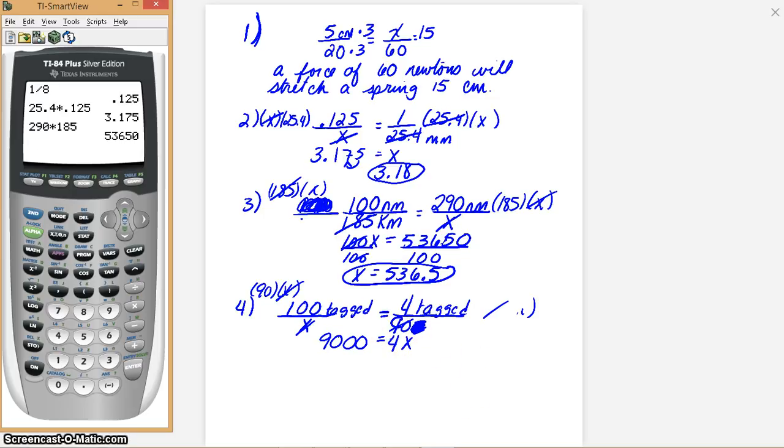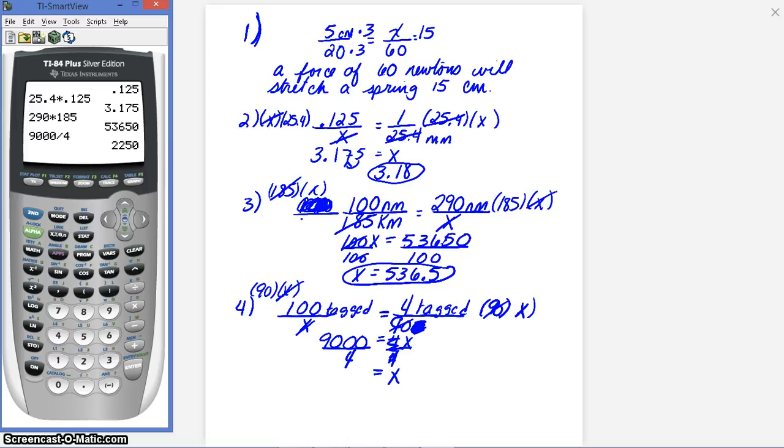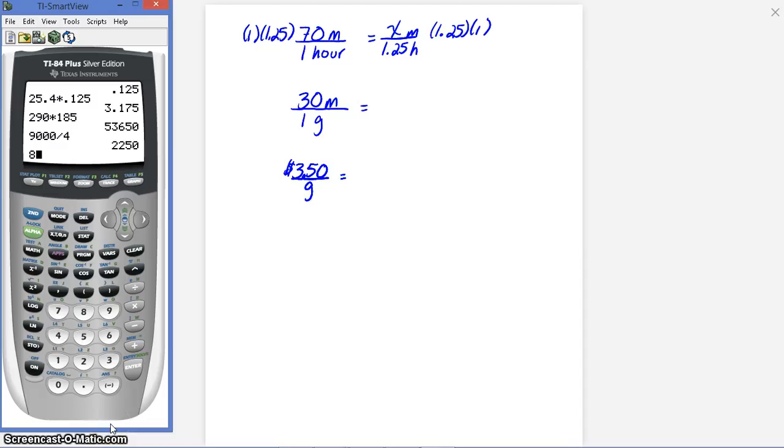Divide both sides by 4. X equals 2250. There we go.